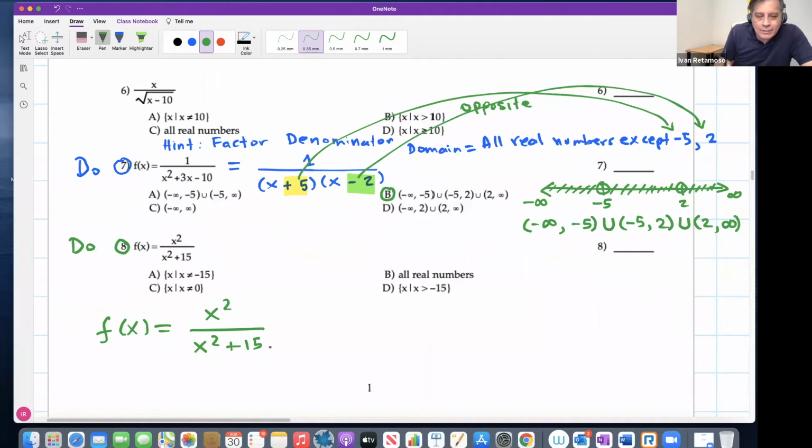It's unfactorable, a prime polynomial. But this should tell you something: if you cannot factor the polynomial, then you are not going to be able to find these values that you have to take away from the real numbers. So therefore, there's nothing to take away, so the domain should be just everything. Anyone could figure out the domain of this function just based on what I said, and then I will give you some notes for this form.